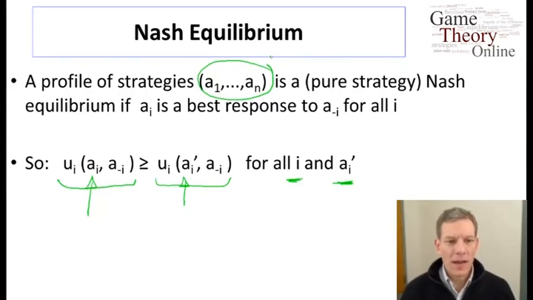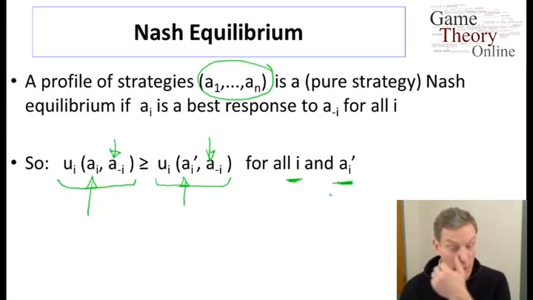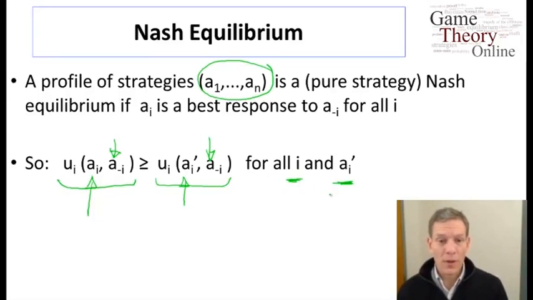So each player has to be best responding to the actions of the other players held fixed, and this has to be going on simultaneously for all the players. Okay, so that's the definition of Nash equilibrium.